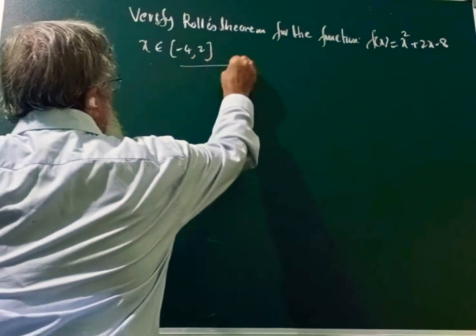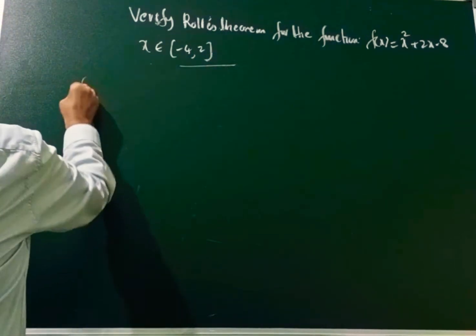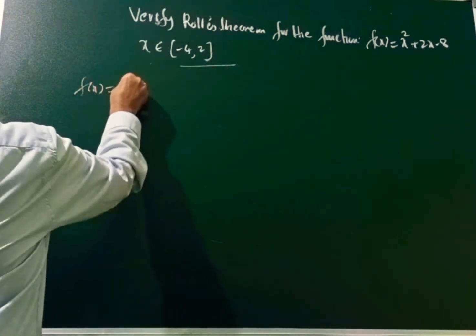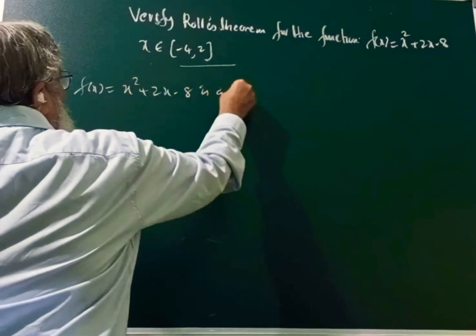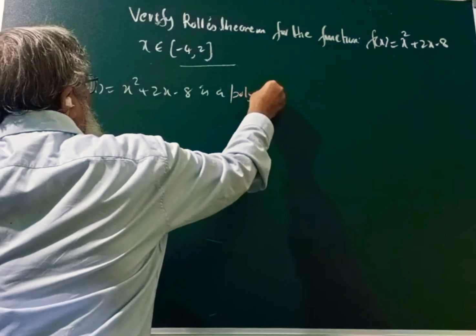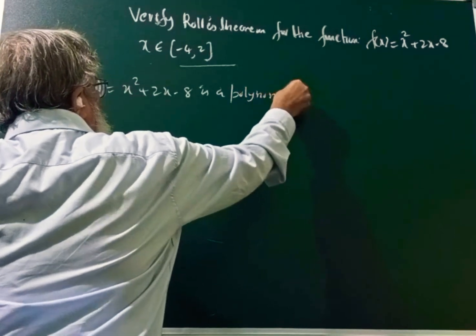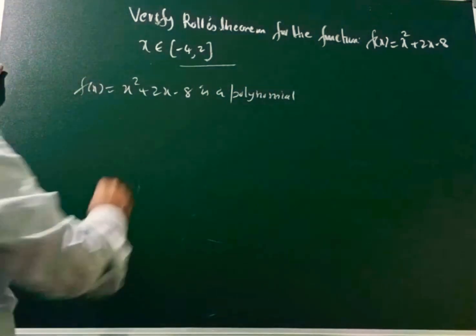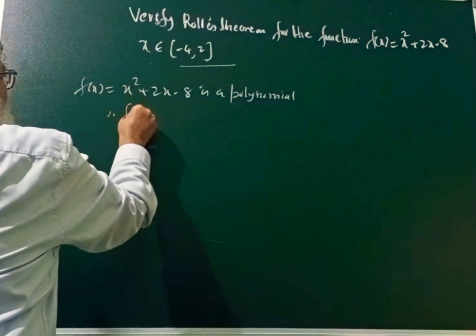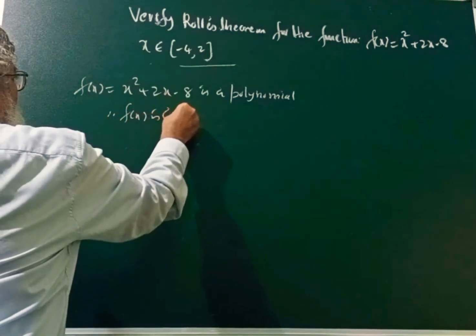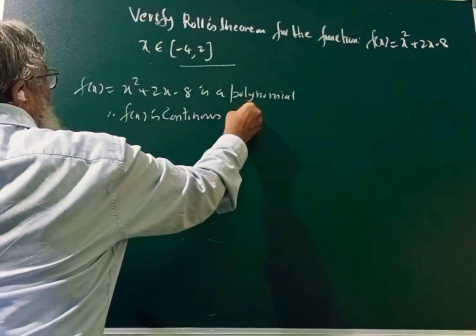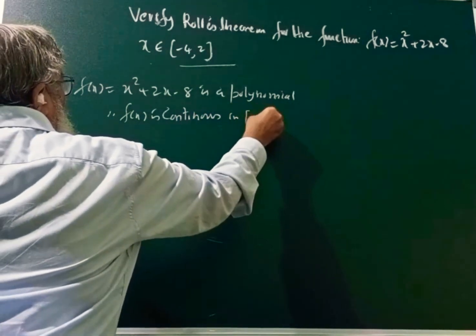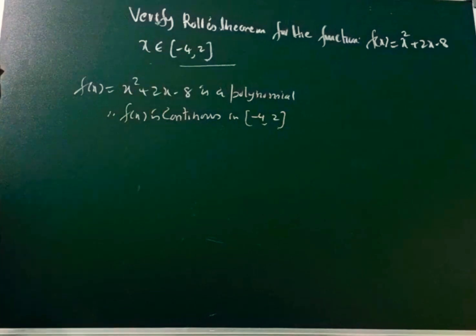Now let us see here, f(x) is equal to x square plus 2x minus 8, a polynomial. And we know every polynomial is a continuous function. Therefore, f(x) is continuous in the closed interval minus 4 to 2.